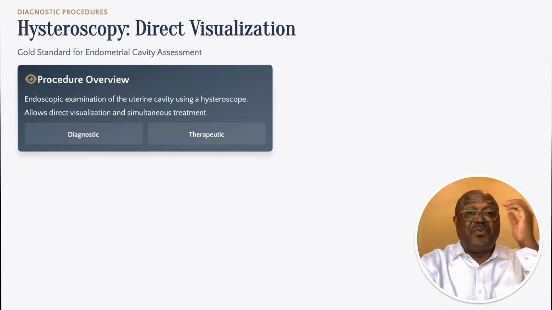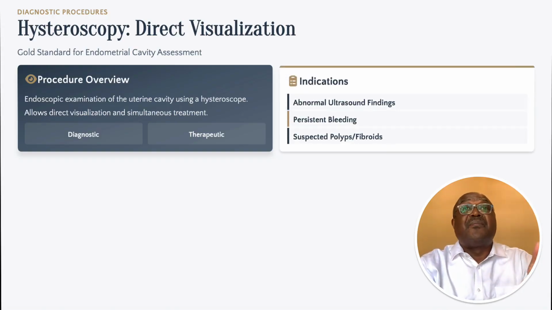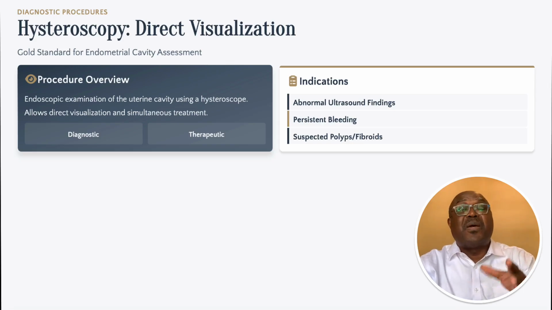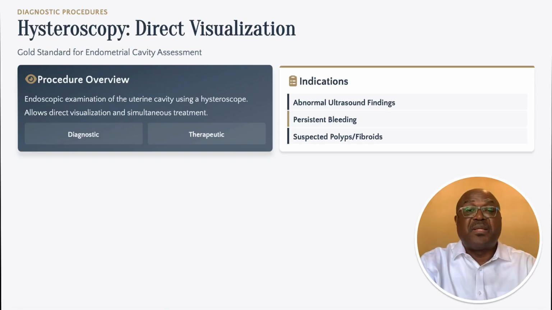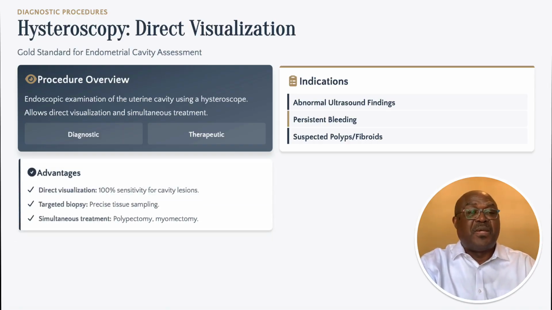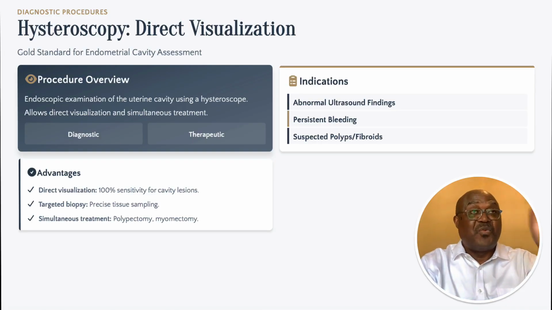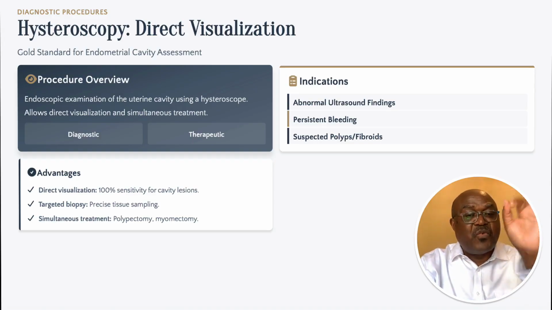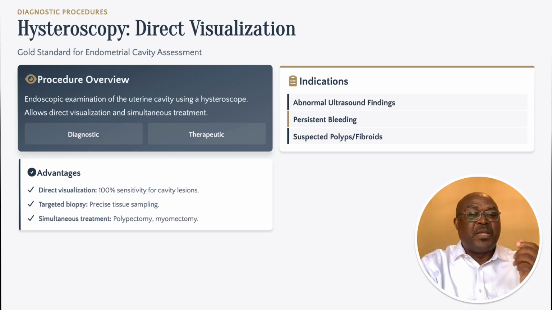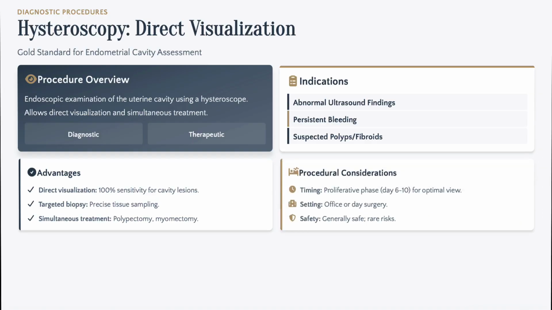If you find a polyp, you remove it. Indications include abnormal uterine findings, persistent bleeding, or suspected polyps. Advantages: you have direct visualization, so the sensitivity is 100%, and you can target the biopsy of the lesion that you have seen, and also simultaneously do the treatment. It can be polypectomy or myomectomy.